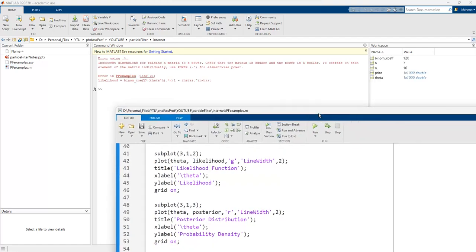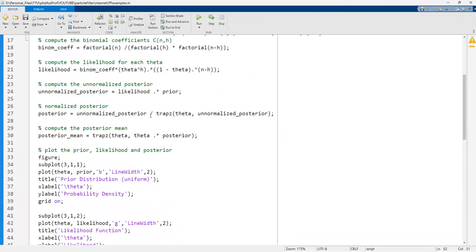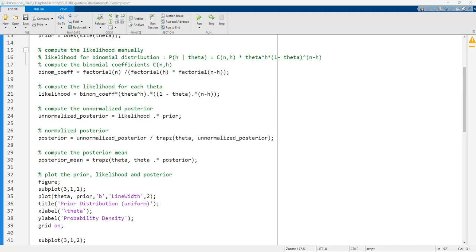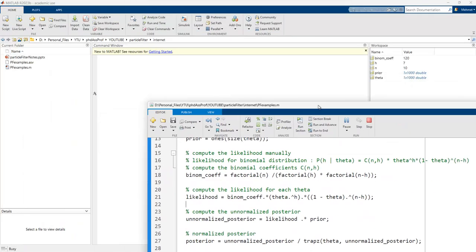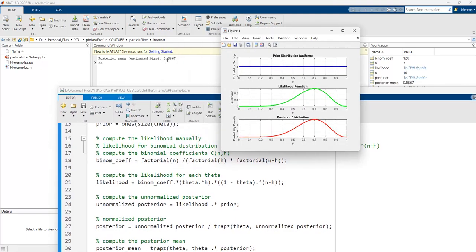So if I run this code, we will have an error at line 21, just see 21. Oh, I'm sorry, also this one. So if I run this code, just see that this is equal to 0.66, right?